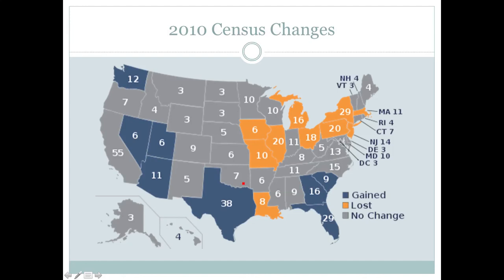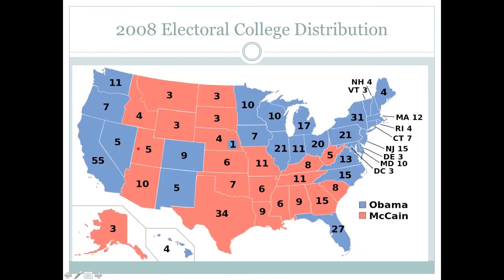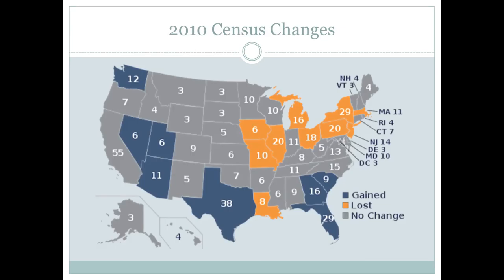They didn't lose representatives or gain any. Those in blue gained representatives. Texas being the state in the union that gained the most. We were the only state that gained 4. But you can see we weren't the only state to gain any representatives. You can actually see the changes here, where Florida had 27 electoral votes. It now has 29 electoral votes.